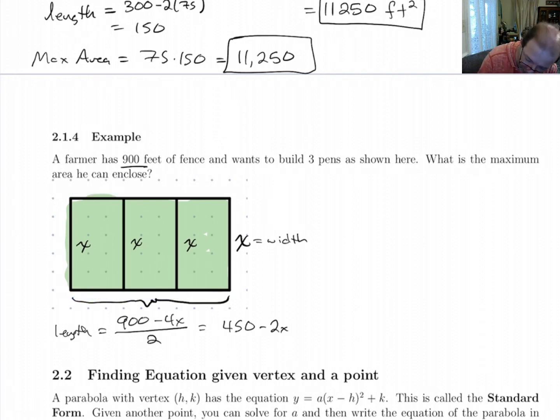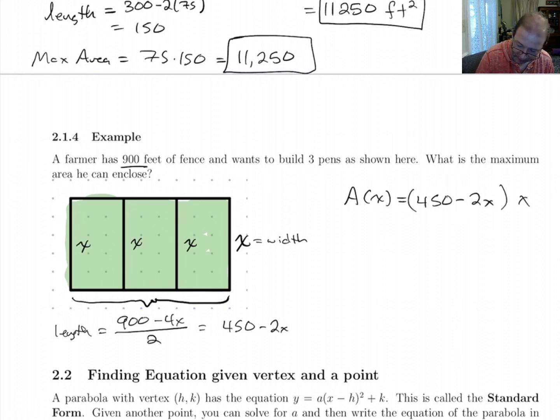All right, so the area function here is going to be 450 minus 2x times x, or 450x minus 2x squared. Now we could go through and graph it all again, but there's no need to do that.